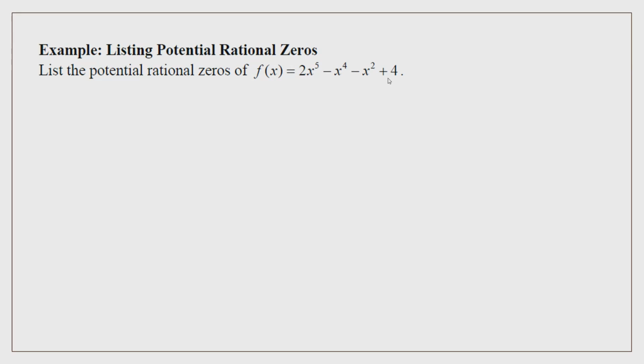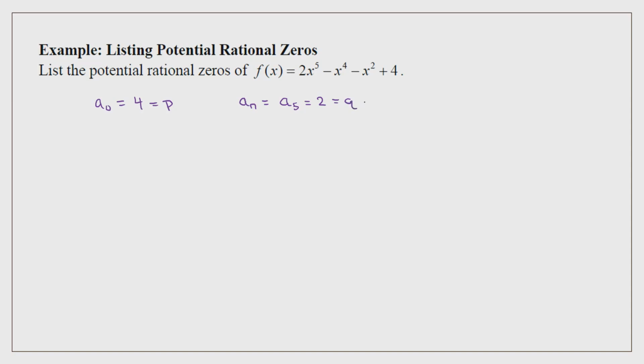Okay? Now, p must be a factor of a sub 0. So a sub 0 is our constant, and our constant here is 4. So we know p equals 4. A sub n is our leading coefficient, and our leading coefficient is 2. And n here is our degree, which is 5.